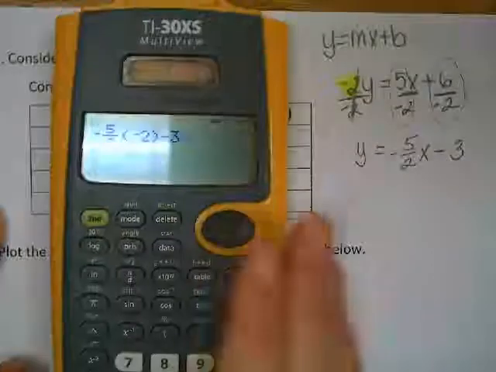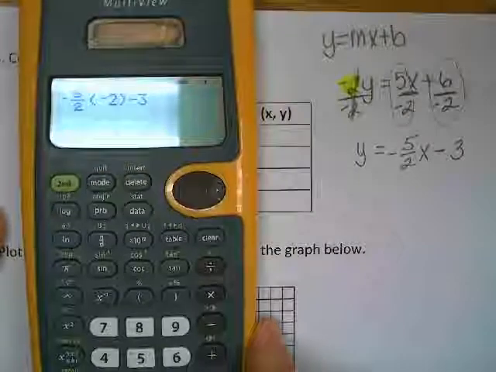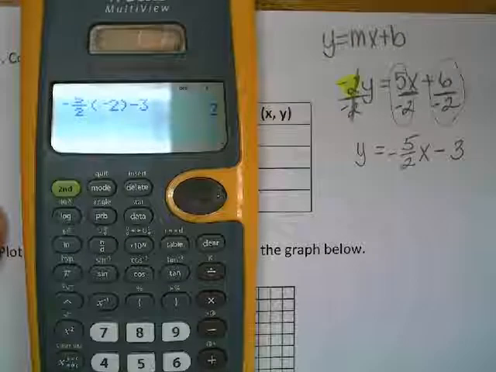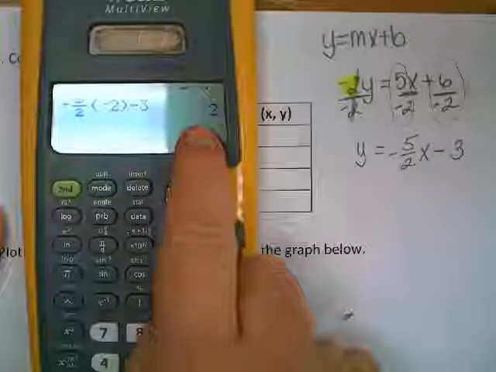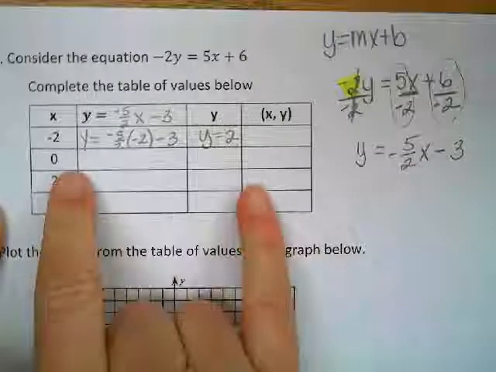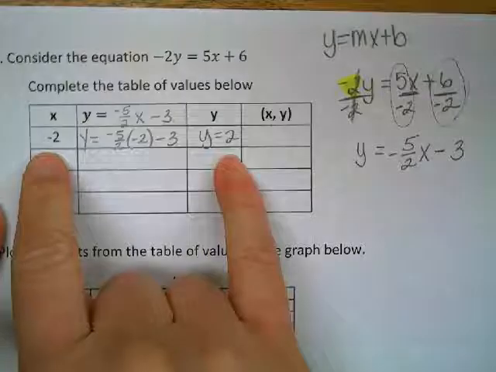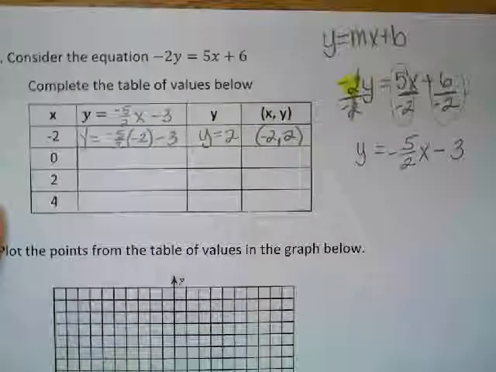So -5/2 times -2 minus 3. That gives us an output of just 2. So now y equals 2. So I have x is -2, y is 2, so then I could write my ordered pair.